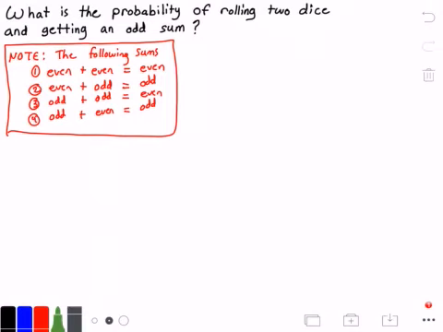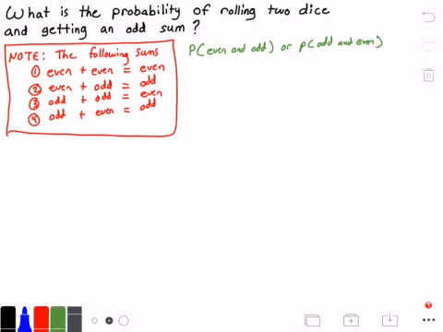We want to know the probability of getting an odd and an even number, or an even and an odd number from these two dice. So the probability of getting an even and odd, or the probability of getting an odd and even value.